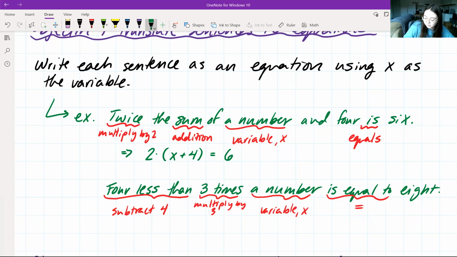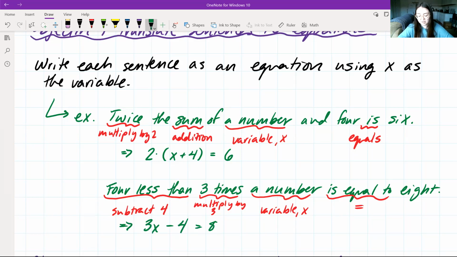So when we write out our answer, we want to start with 3 times a number, which is going to be 3 multiplied by our variable x. So we have 3x, and then we have our subtracting 4 is equal to 8.